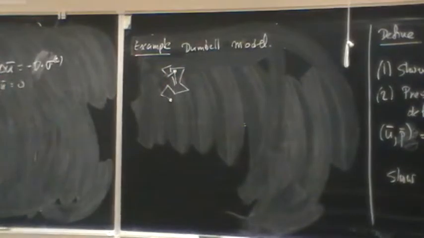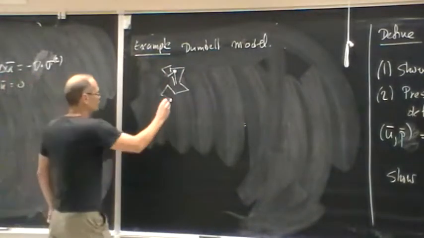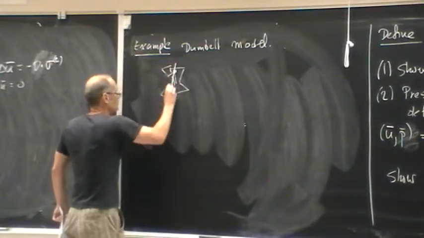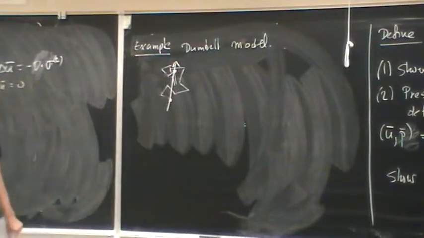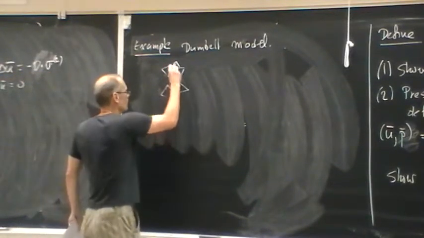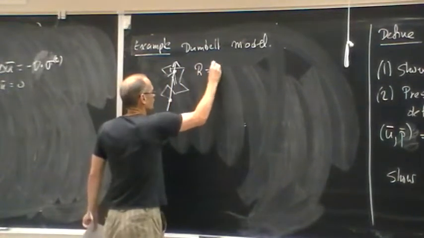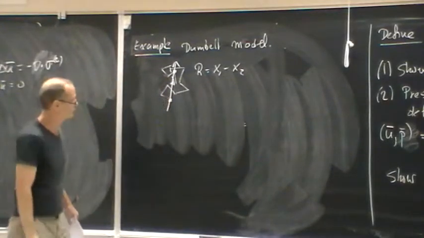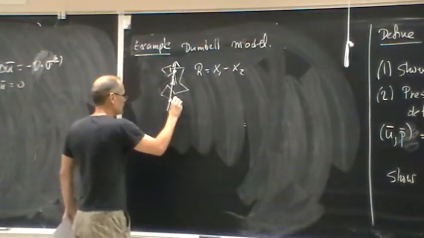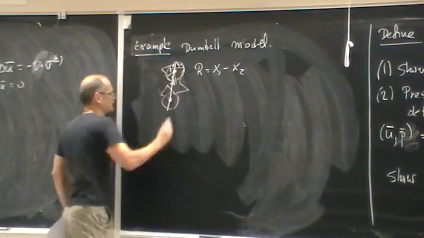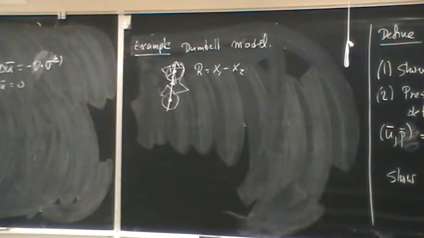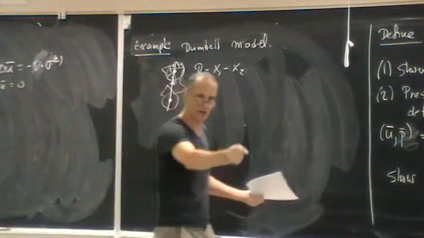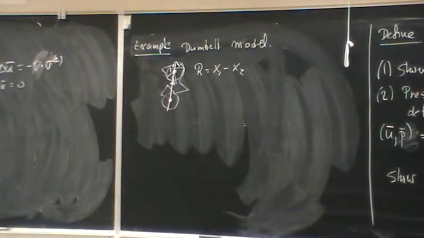It's been kind of entropically compressed by collisions with the solvent. And typically, this is just modeled as the dynamics of the so-called end-to-end displacement vector. So you take the ends of the polymer coil, R is equal to x1 minus x2. It's got some center of mass. Now I'm just going to treat this as some effective model where the drag that's induced on the polymer coil is just associated with the drag on two spheres that are connected by a spring, usually a Hookean spring. Not always, but usually.